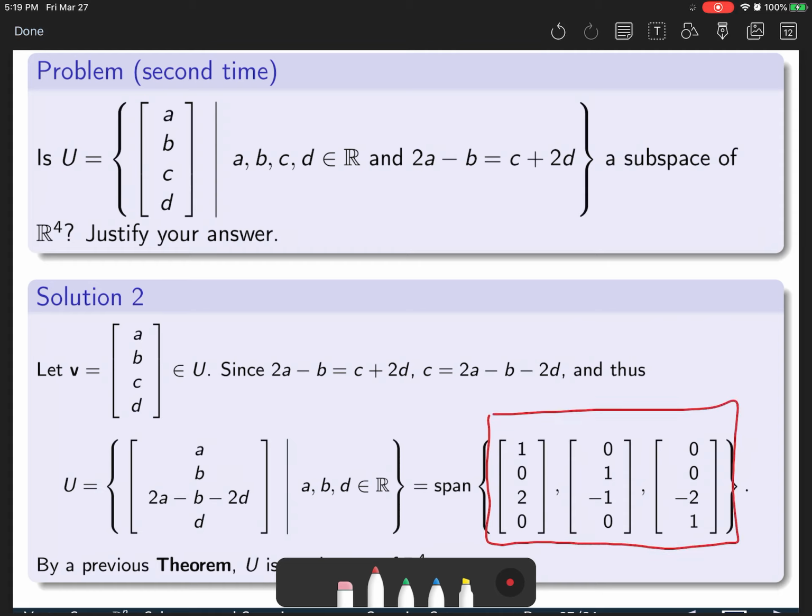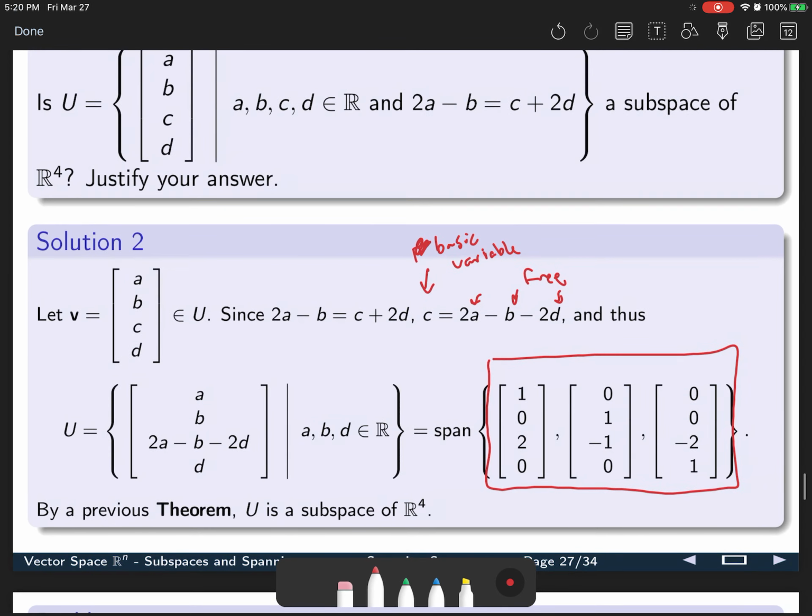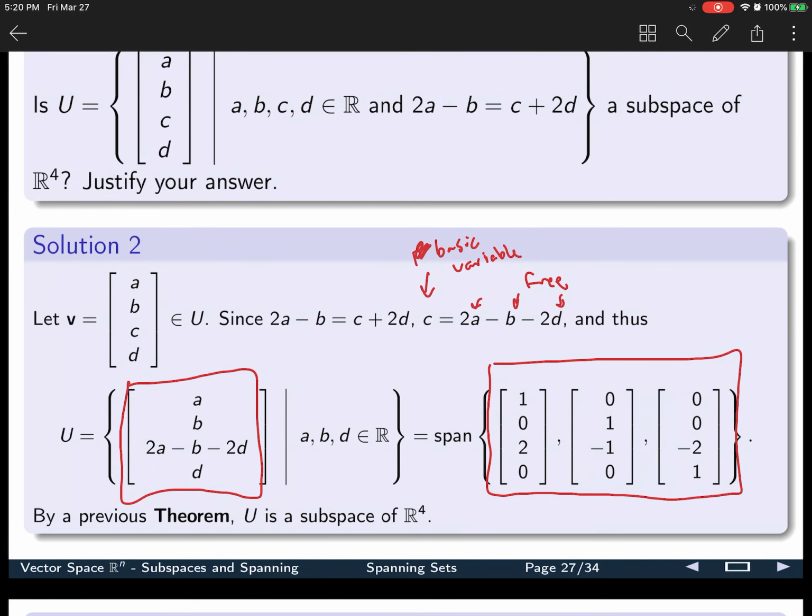In this case, we treated C as a pivot, or basic variable, and we're letting A, B, and D be free variables. You get this in terms of a parametric vector form, and A, B, and D are basically your parameters that you're allowed to vary. But yeah, that's where we get the span of those three vectors. And yes, indeed, U is a three-dimensional subspace of R4. That's cool.